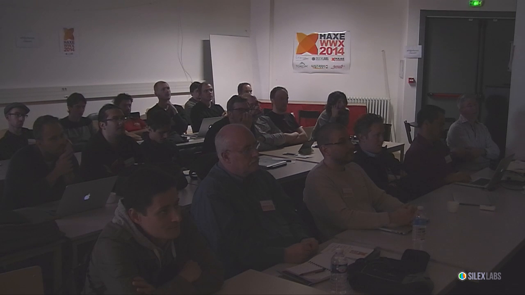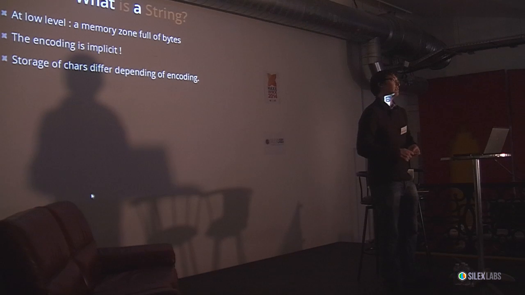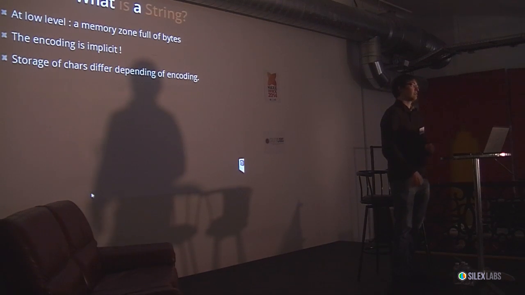So if you don't know the encoding of the string, you can't read it. Of course, you can try to guess, maybe. There are ways to do that, but you can't be sure, okay? The storage of the chars in the string in memory depends on the encoding.